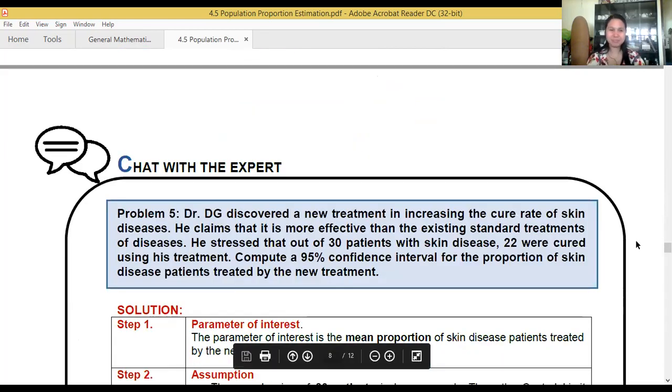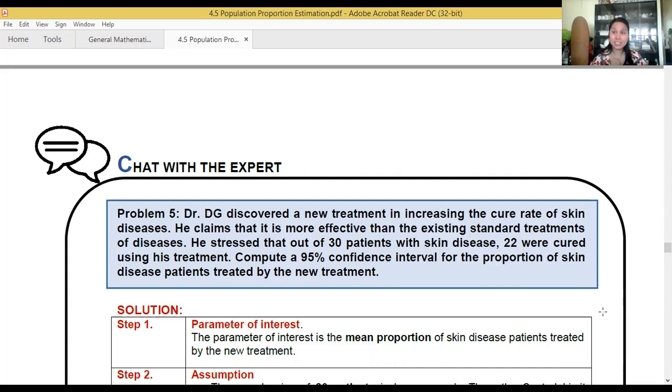Let's try one problem. Dr. DG discovered a new treatment that increases the cure rate of skin diseases. He claims that it is more effective than the existing standard treatments of diseases. He stressed that out of 30 patients with skin disease, 22 were cured using his treatment. Compute a 95% confidence interval of the proportion of skin disease patients treated by the new treatment.